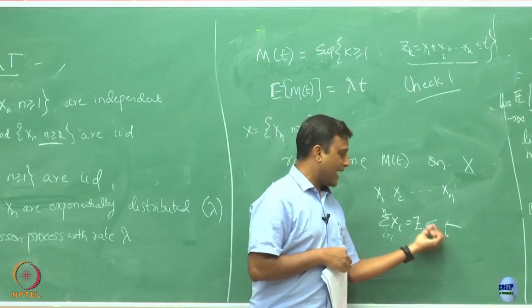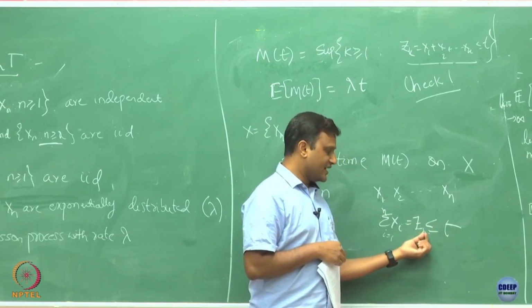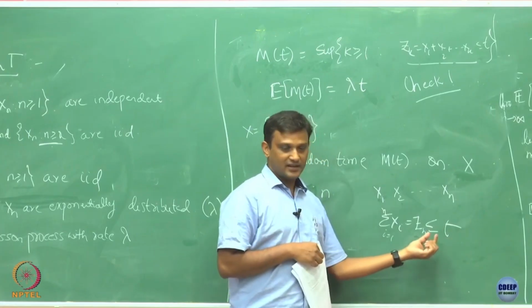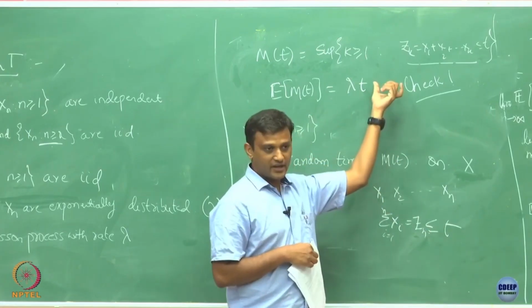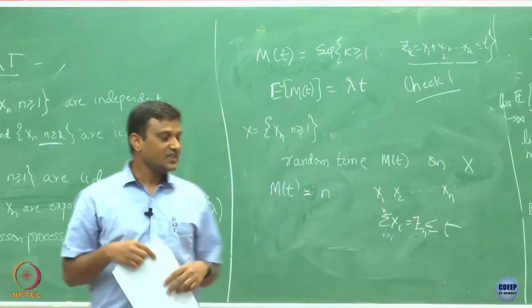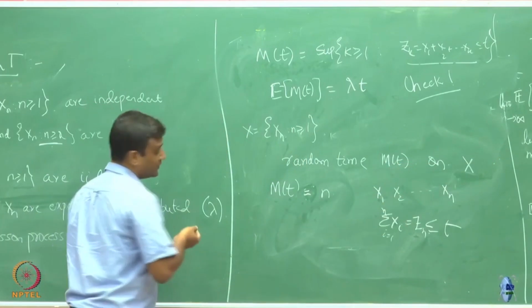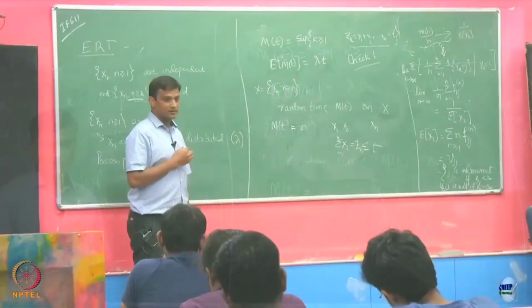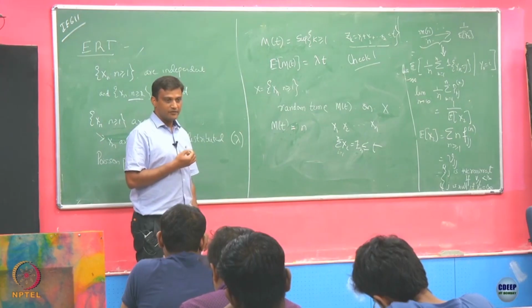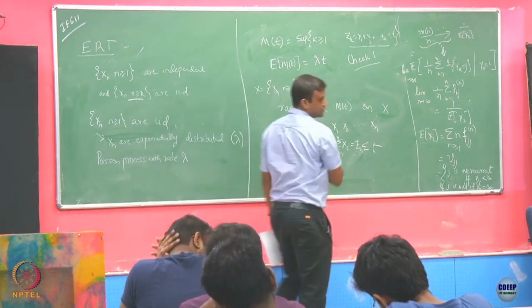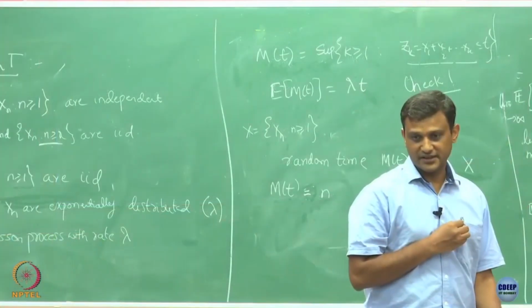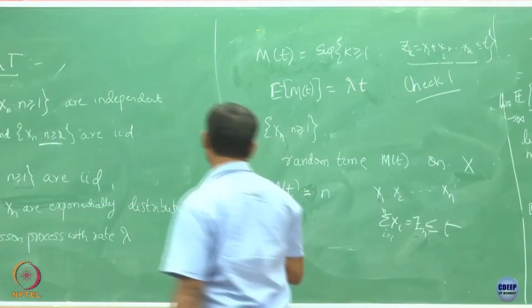Only if, after adding that, it exceeds t, then I know that n things have been incorporated and n plus 1 is going to stay outside. Because of this, we can't really say that m of t is going to be a stopping time with respect to my sequence Xn.